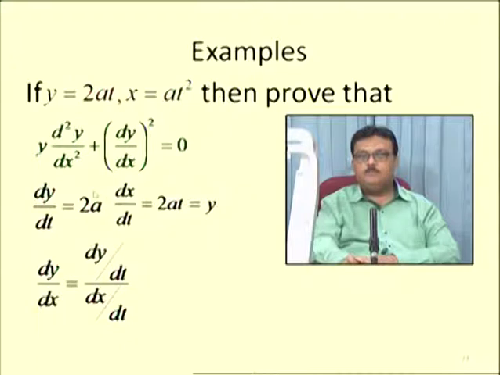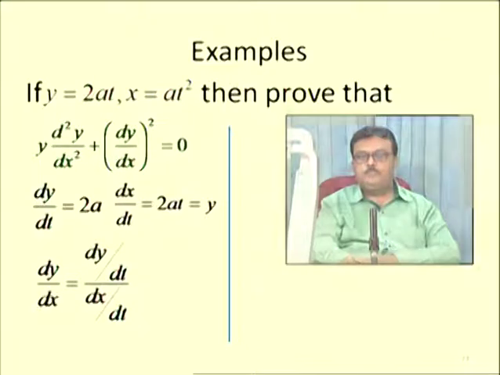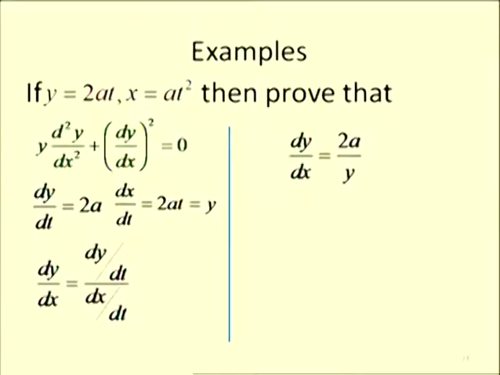Now let us substitute the values of dy by dt and dx by dt, that is y, in this equation. So we get dy by dx is equal to 2a, the derivative of y with respect to t, divided by dx by dt, that is y here. So we got dy by dx, that is 2a upon y.